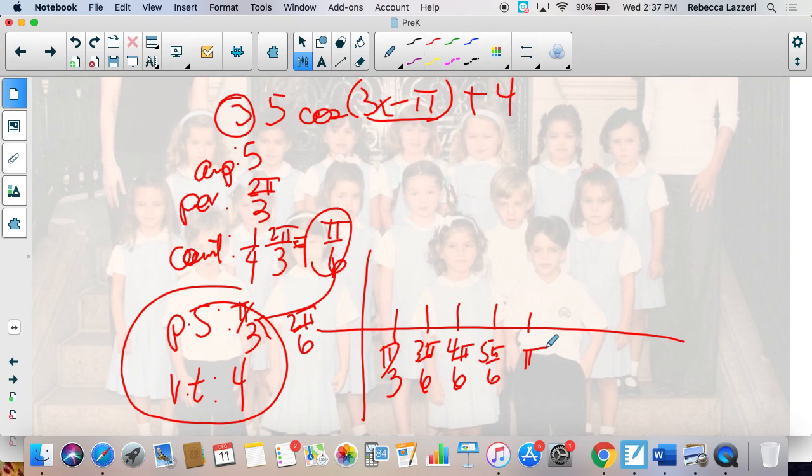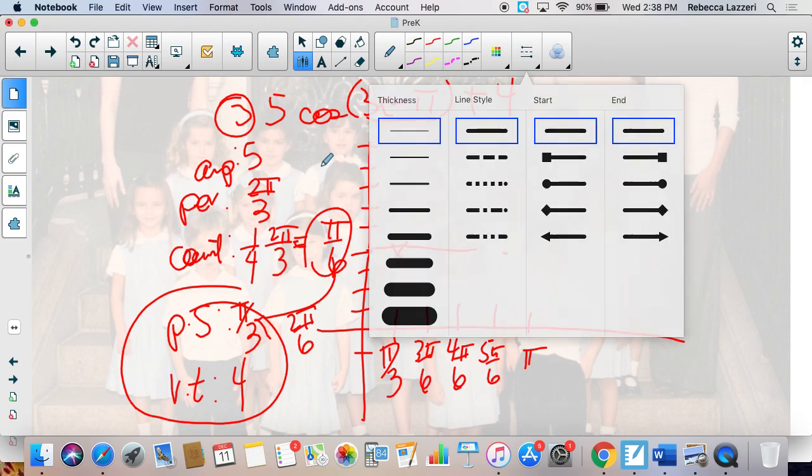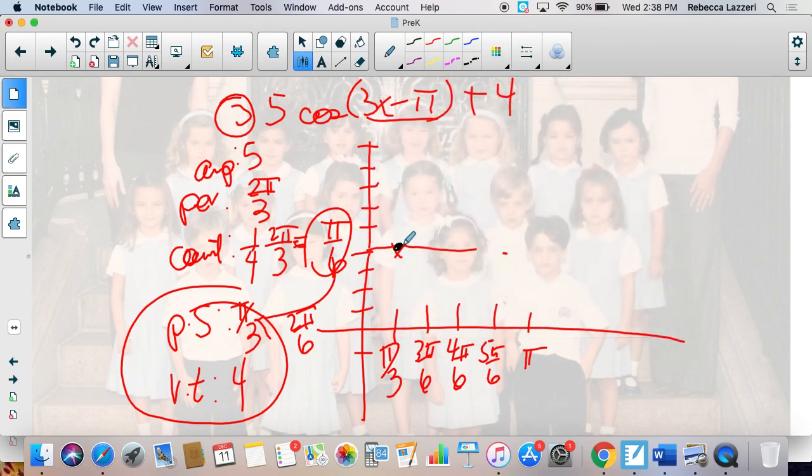My target is at pi over 3, 1, 2, 3, 4. From there, my new midline, I'm going to go up 1, 2, 3, 4, 5, and down 1, 2, 3, 4, 5. If it was sine, I would put my first dot right there.